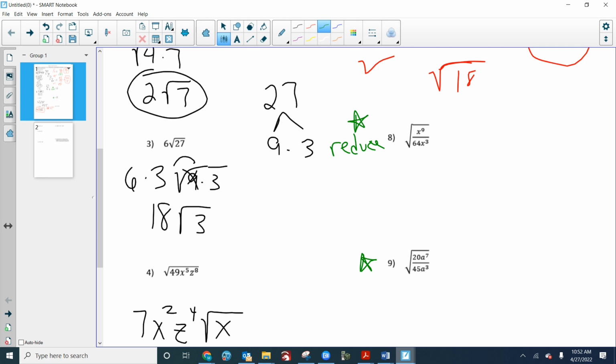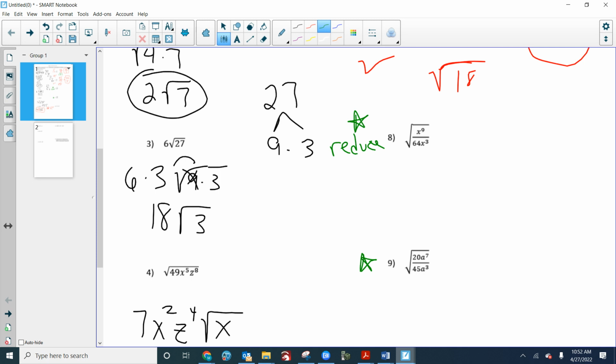Now, do you guys remember the old rule when we divided variables? Same like variables. What do we do with the exponents? Do you remember that? It goes way back. We don't add them. That's when we multiply, not divide. We subtract them. Like, there's 2 x's.